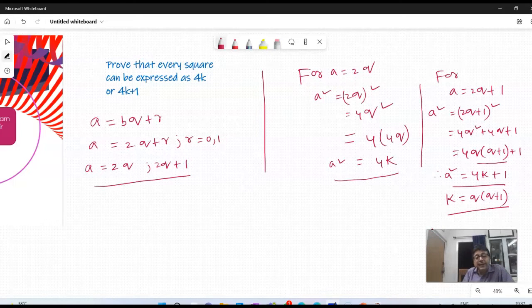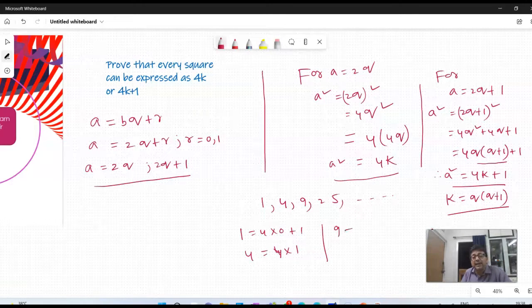Let us do the experiment with a few perfect square numbers: 1, 4, 9, 25, 16 and so on. Then 1 is of this form. It is a perfect square, and we can write 1 equal to 4 into 0 plus 1. How to write 4? 4 is 4 into 1. So this is of the form 4k, and this is 4k plus 1.